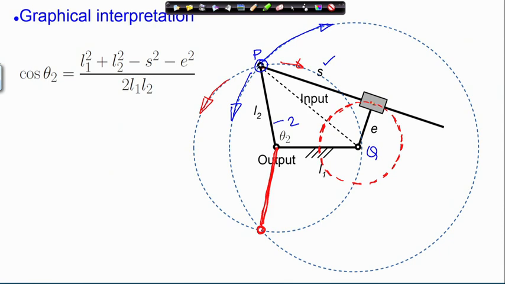Now, I have to join the coupler at this, making a tangent to this circle. So, let me do that. So, I have to drop a tangent to this circle.